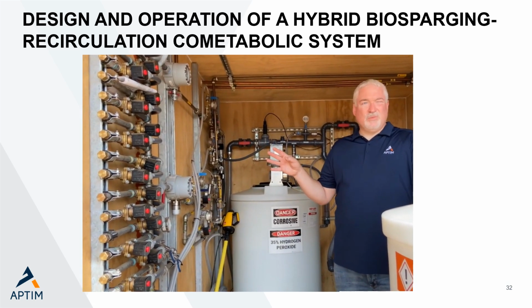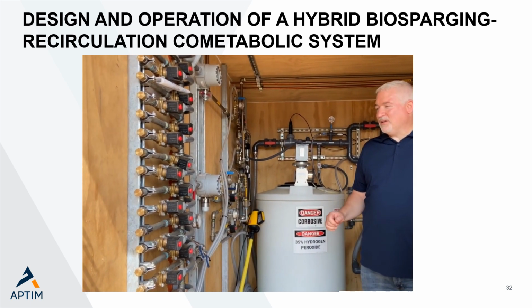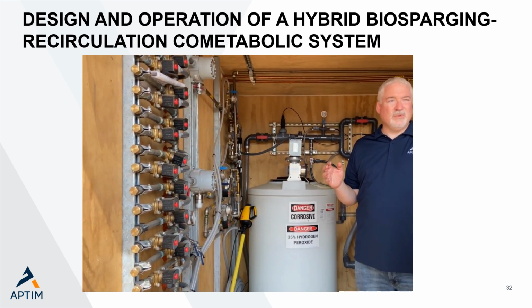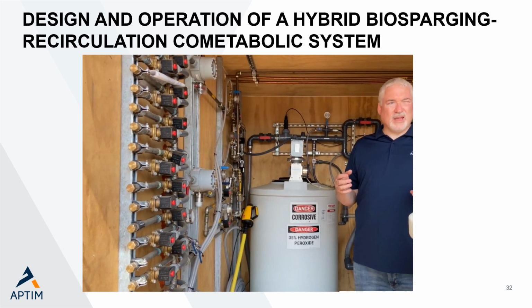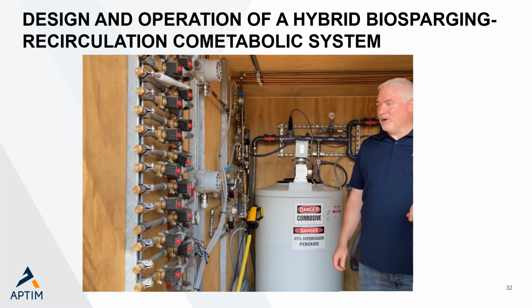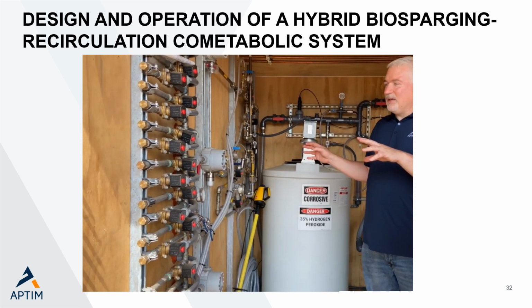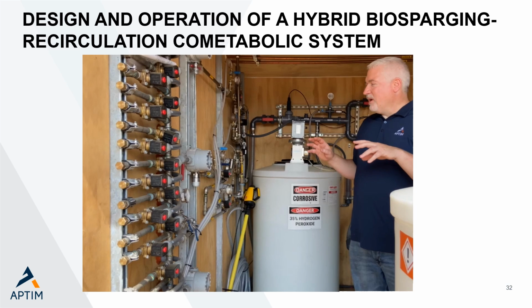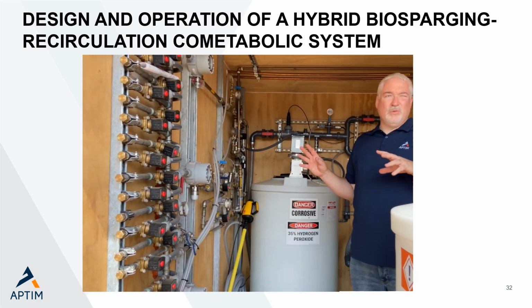Originally, this system was designed for pure biosparging, and it was used on previous ESTCP projects, and we did some modifications to the system where we are also able to recirculate groundwater and add amendments to the recirculated groundwater. So the original piece of the system is here on this wall. It consists of a series of mass flow meters and solenoid valves that control flow to up to 22 wells.